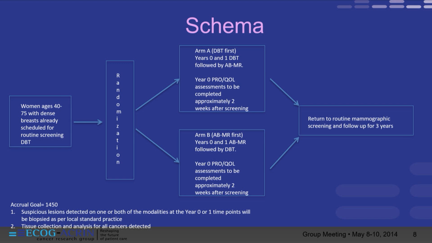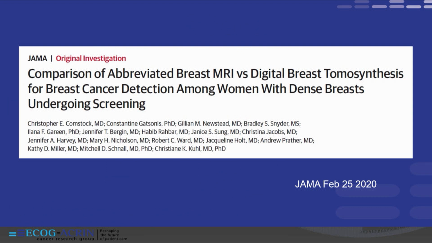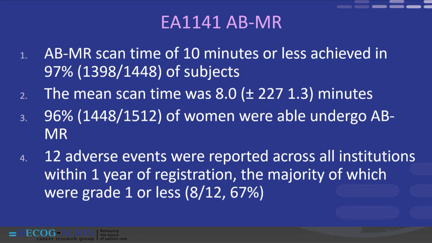They're already getting a tomo for their annual screening. They volunteered for the ABMR, done, I think, within 24 hours, and read by separate radiologists. And then they got a baseline, and then they got another one a year later, and then they were followed for 3 years. So we published the results in JAMA in 2020, and the data is pretty amazing.